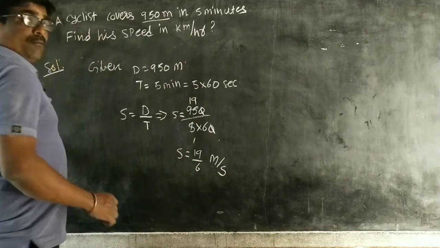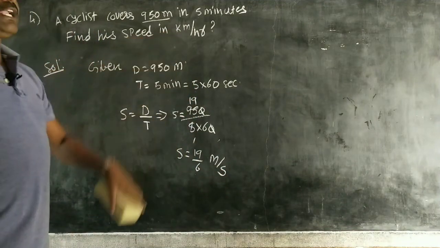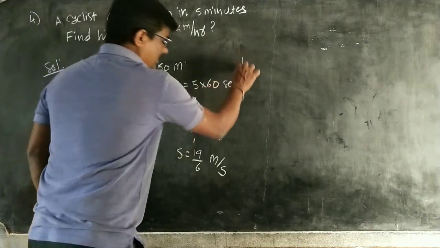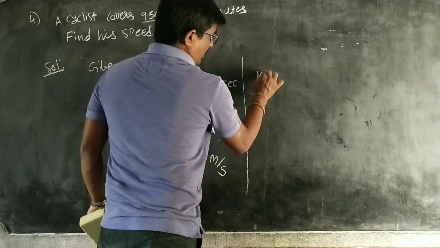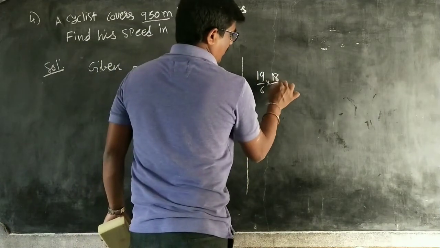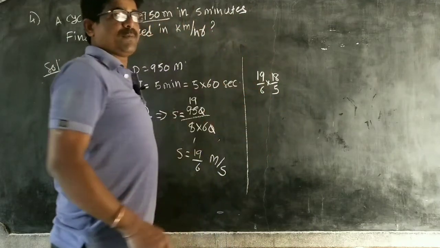This is the speed, but we want to find the speed in kilometers per hour. So simple, we multiply 19 by 6 into 18 by 5. Then it becomes kilometers per hour.